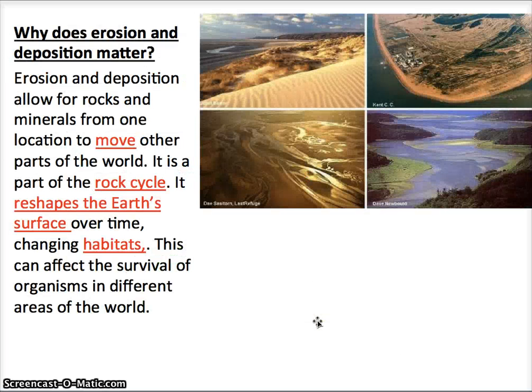So why do we care about erosion and deposition? Well, first, they allow for different rocks and minerals to get cycled through different parts of the earth. That's important because living things need different types of minerals, and sometimes rocks will contain those minerals.